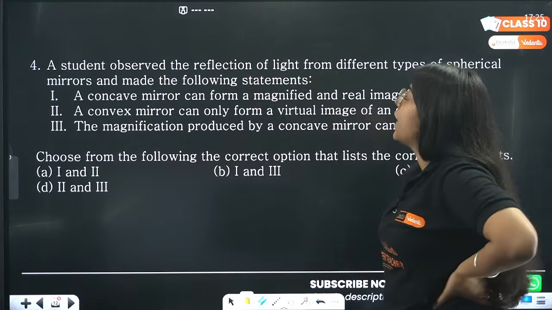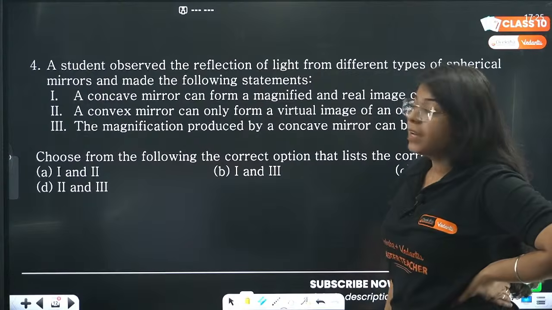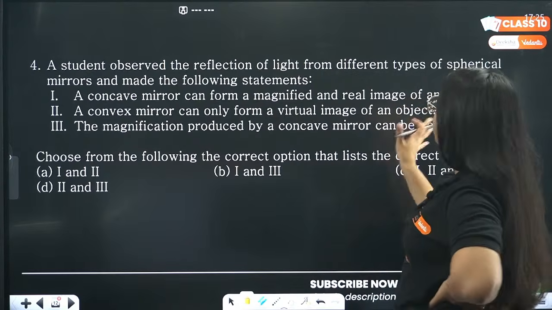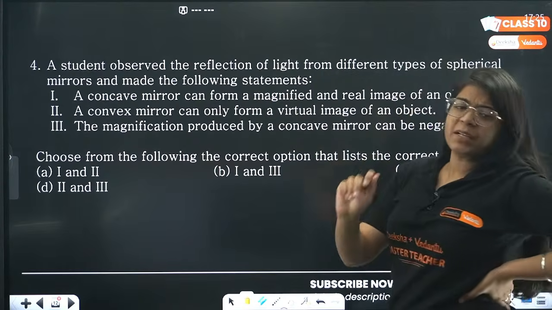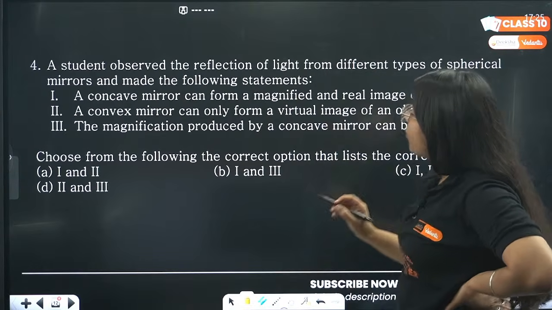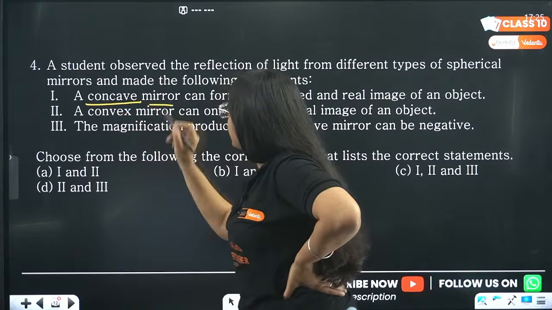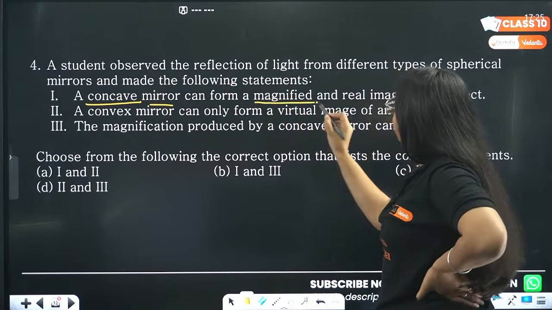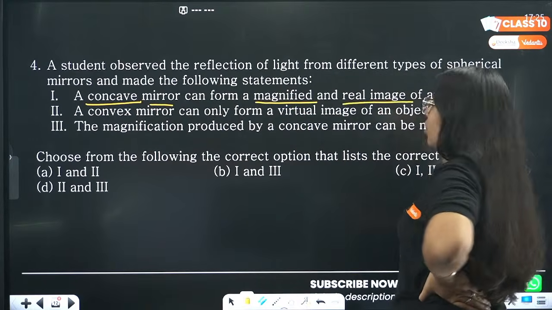A student observed the reflection of light from different types of spherical mirrors and made the following statements. He said a concave mirror can form a magnified and real image of an object.